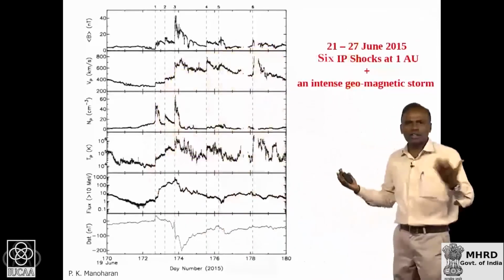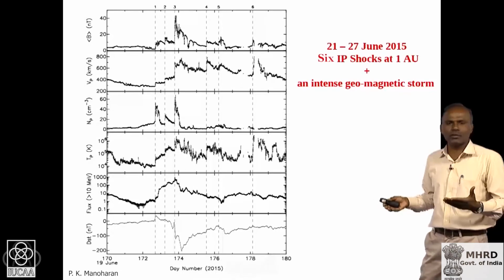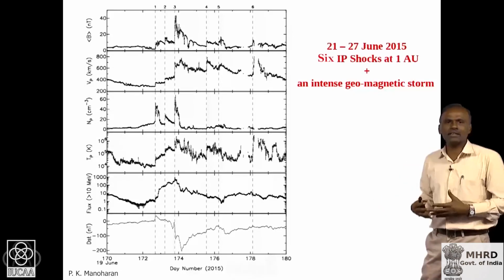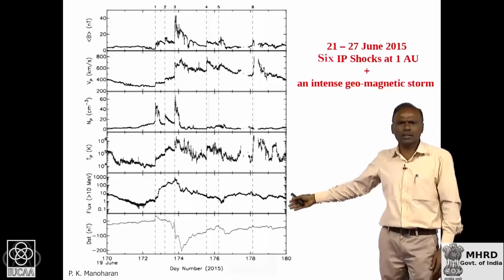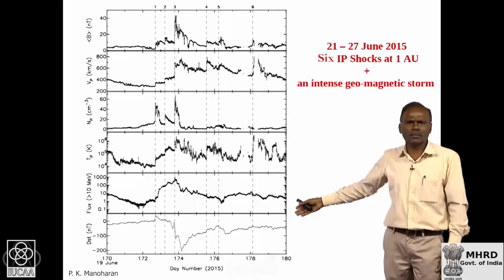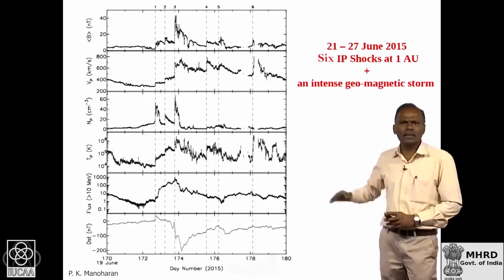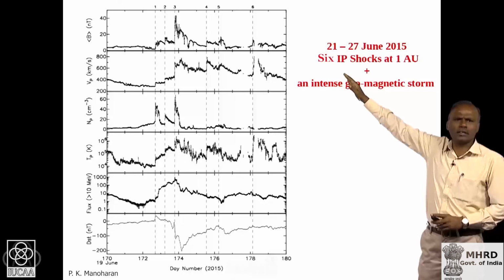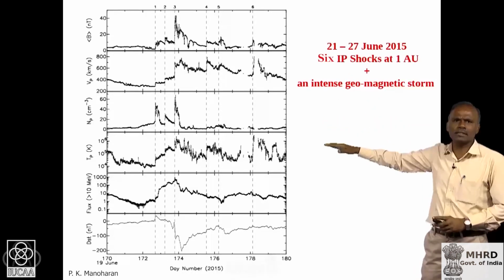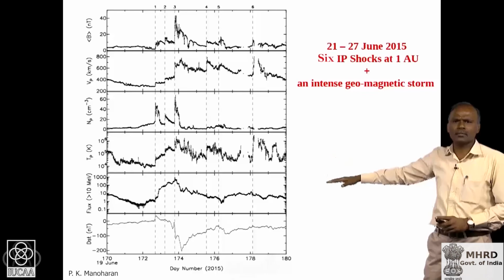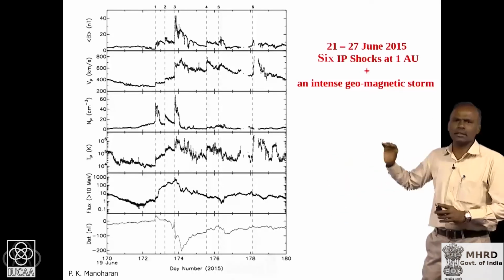This shows the typical properties of the solar wind associated with transients as a function of day number, for 2015. This covers a 10-day period, showing the interplanetary magnetic field, speed, density, temperature, 10 MeV proton flux, and the Dst index.